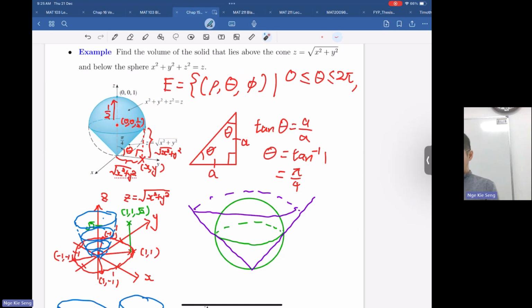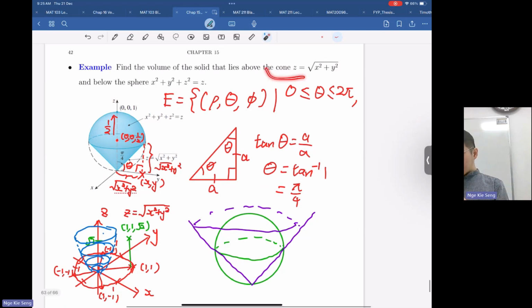One thing you can do is like what we did last time, right? We just equate the two. Intersection means A intersect B means what? The point must be in A and in B. So to stay on the cone, z has to satisfy this square root expression.